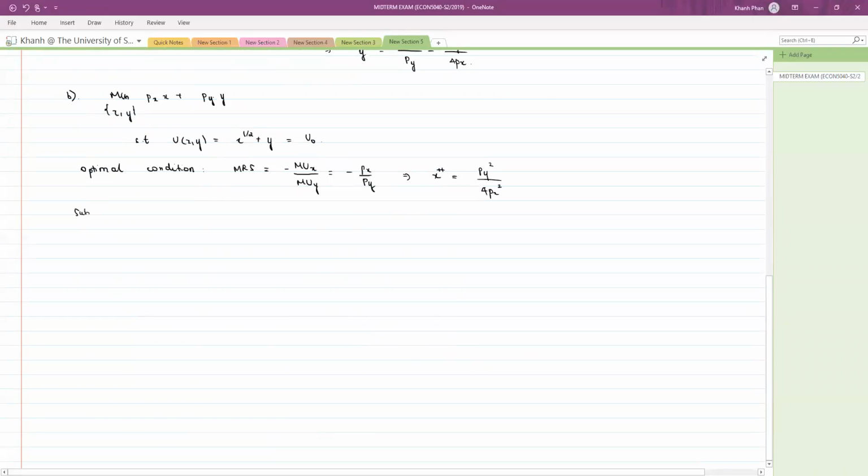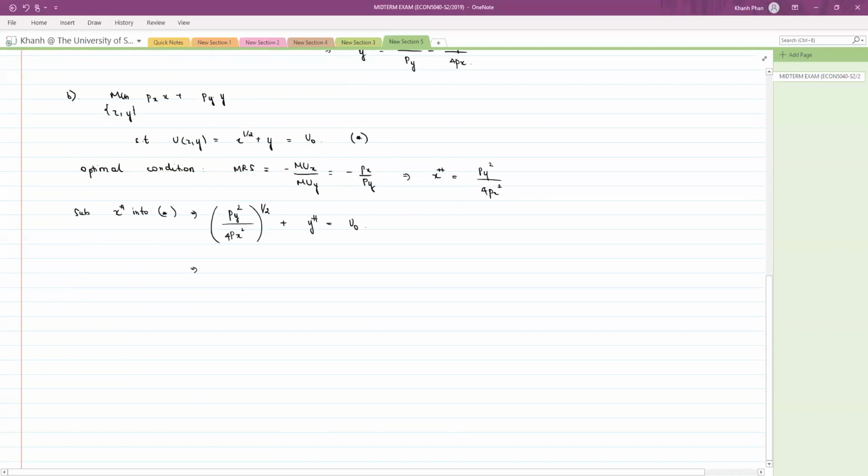The only thing different is that now we substitute this into the utility constraint. Let's call this the star constraint. I get x to the power half, which is py squared over 4px squared, everything to the power half, plus y hash, and that is equal to u0.